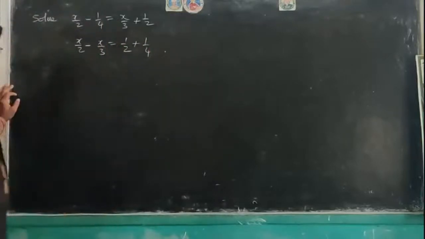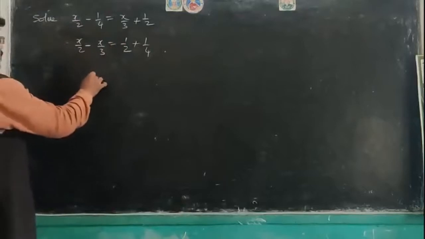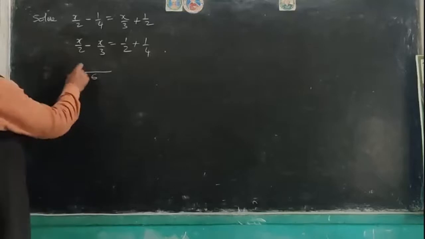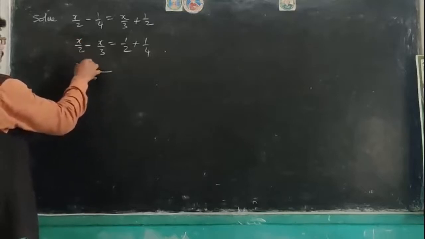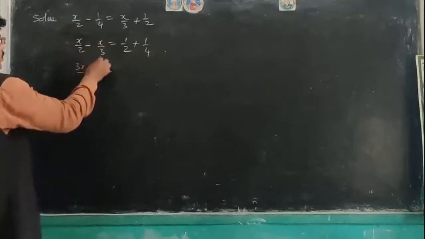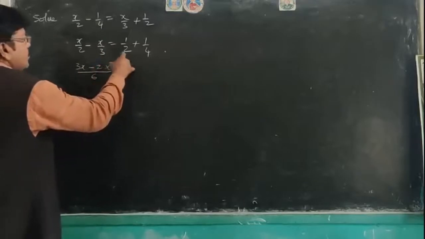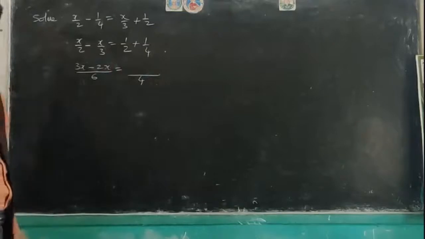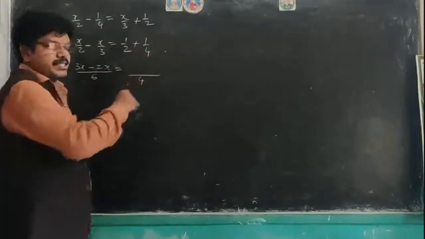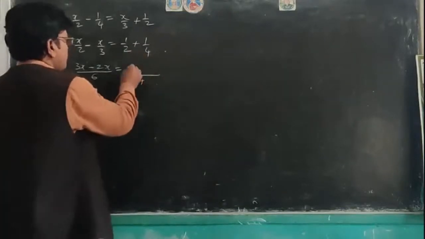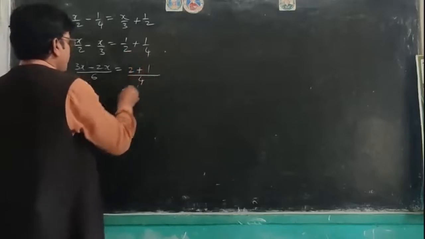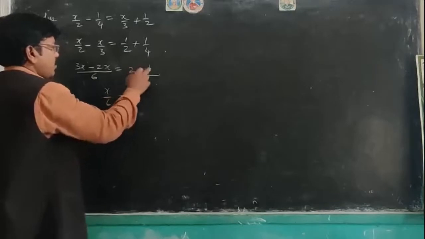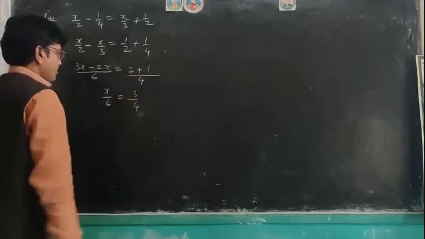Now take the LCM. 2 3s are 6: 3x minus 2x over 6, equals, on the right, LCM 4. Observe carefully, the LCM of 2 and 4 is 4: 2 times 2 is 4, 4 times 1 is 4, giving 2 plus 1, that is 3 by 4. So x by 6 equals 3 by 4.